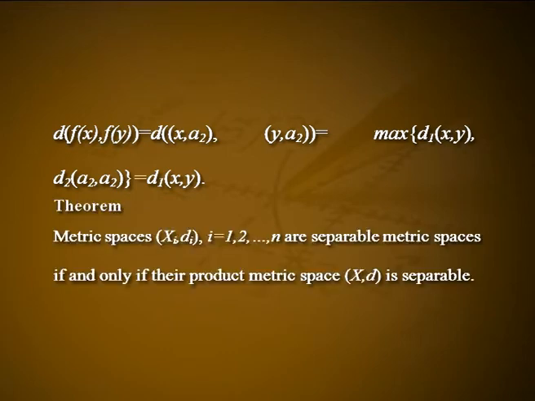Theorem: Metric spaces (Xi, di), where i varies from 1 to n, are separable metric spaces if and only if their product metric space (X, d) is separable. Proof: Assume that (Xi, di) for i equal to 1, 2, 3, etc. up to n are separable.